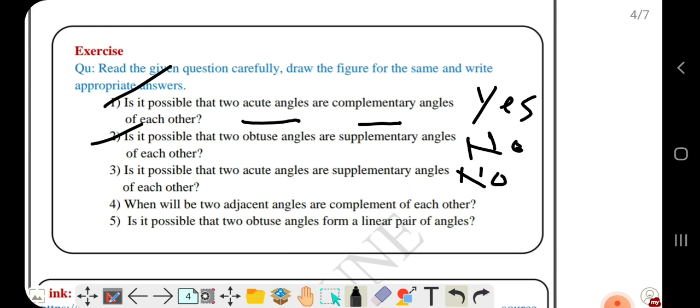The next question is, when will two adjacent angles be complements of each other? This is the last but one question. Two adjacent angles are there. Complement means the addition of those two angles is 90.